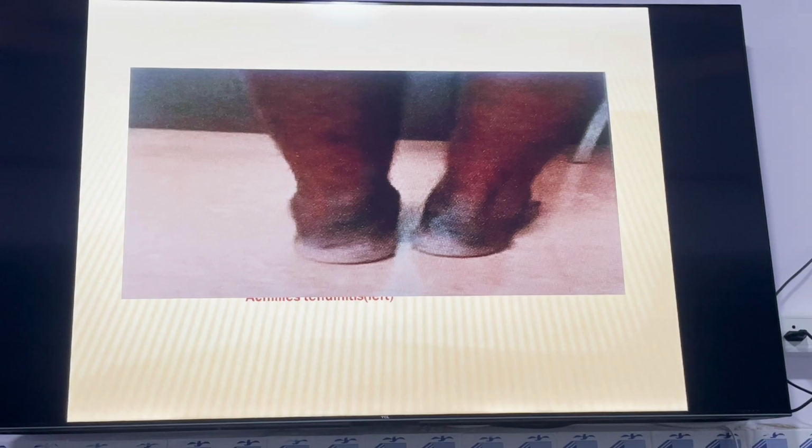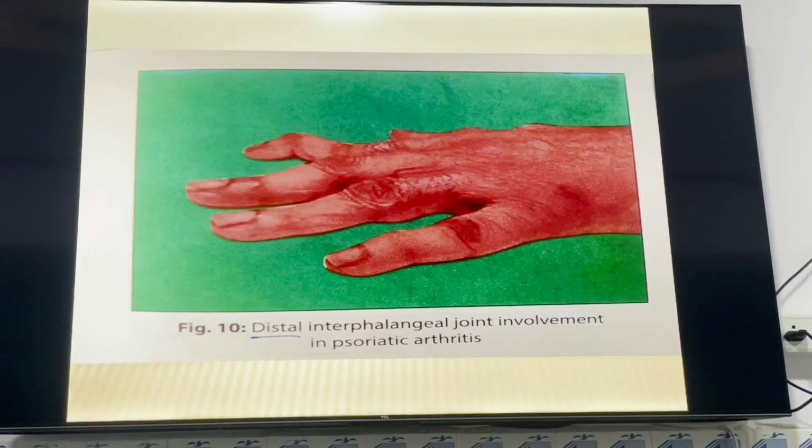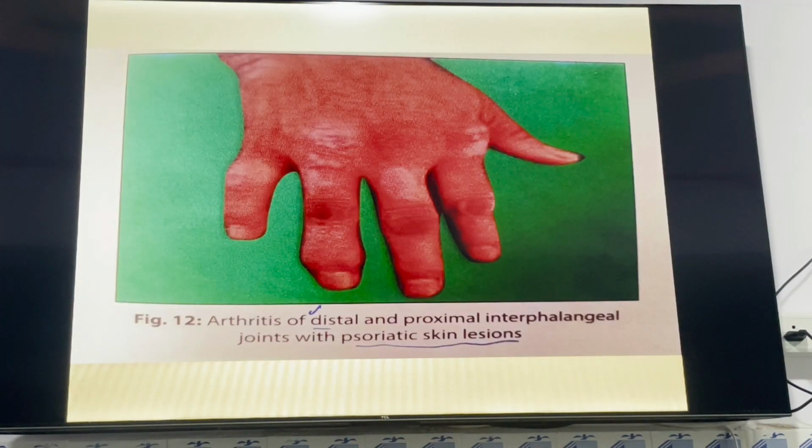So this is enthesitis. This is distal interphalangeal joint involvement. See the psoriatic patches also. See the nail changes, onycholysis. See the psoriatic skin lesions, and also the distal interphalangeal joints, especially the ring finger.